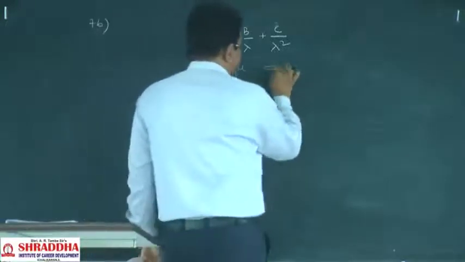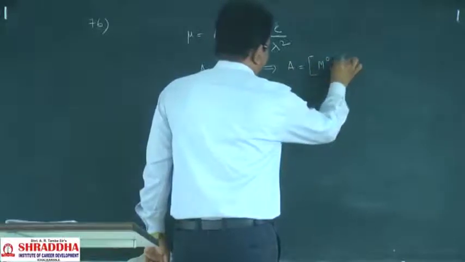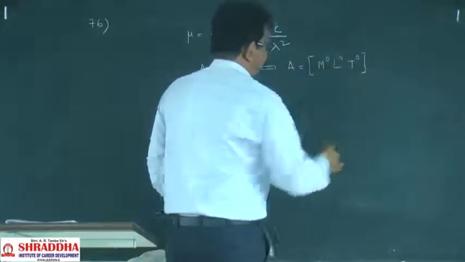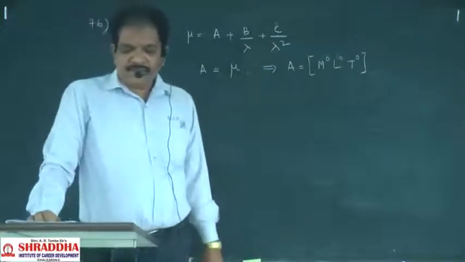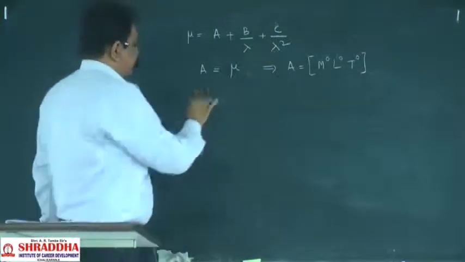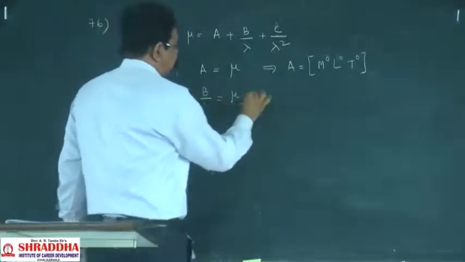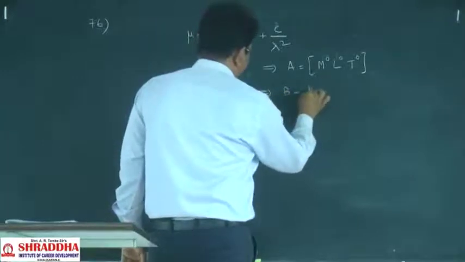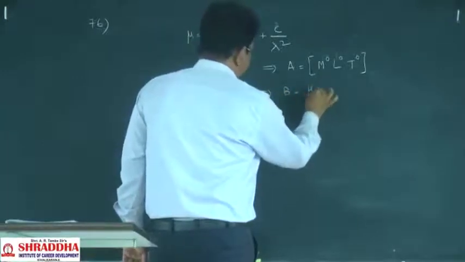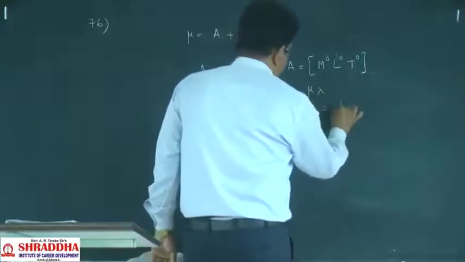So dimensions of A will be M power 0, L power 0, T power 0. Next, B by lambda is equal to mu. So B is equal to mu lambda. So B is equal to L.